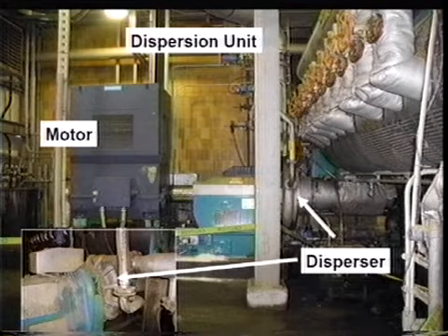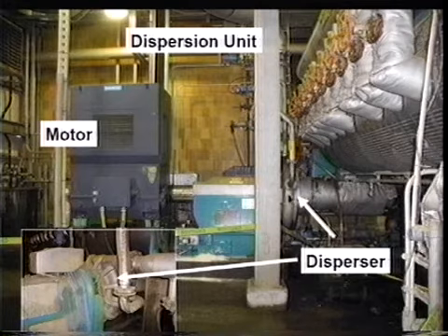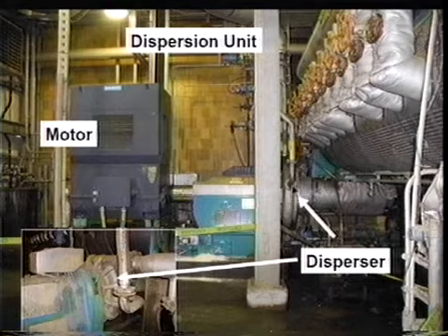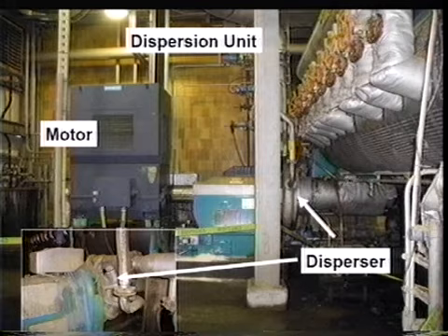Then after the heating zone, the pulp falls down into this screw conveyor, and the screw conveyor forces it into the disperser. The disperser is kind of hard to see here, but this thing right here is the disperser. In this inset right here, we can see the refiner.